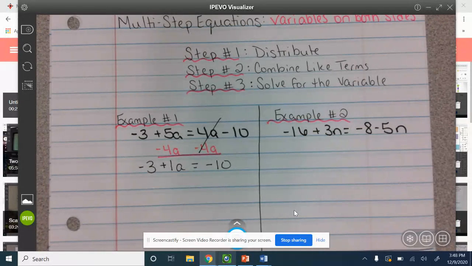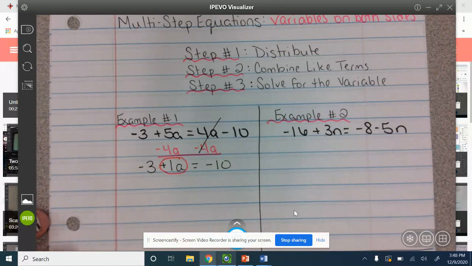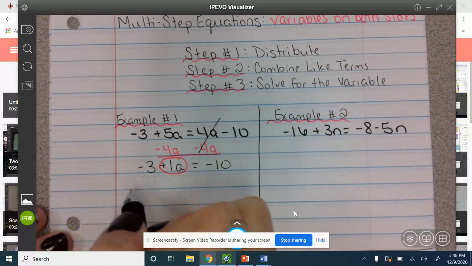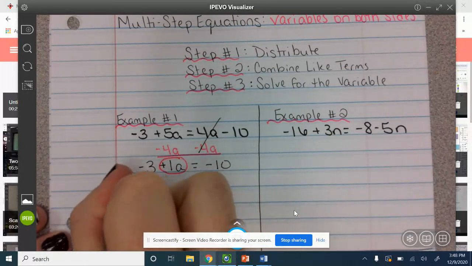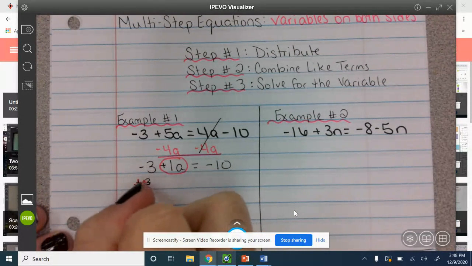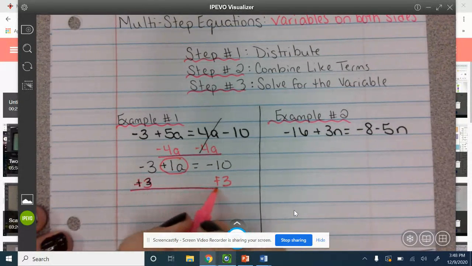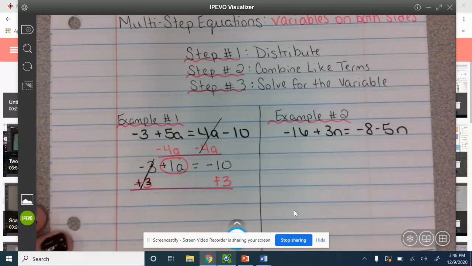So now I'm down to a two-step equation. 1a is what I'm going to circle. That's my couple. How do you kick out minus 3? What's the opposite of subtracting 3? We're going to add 3. -3 and positive 3 cancel out.